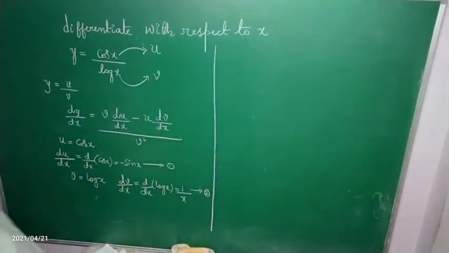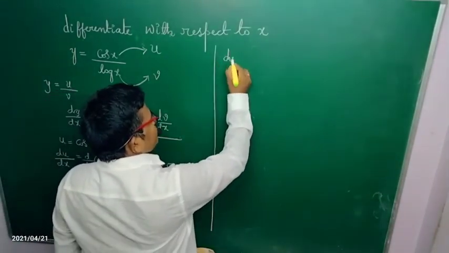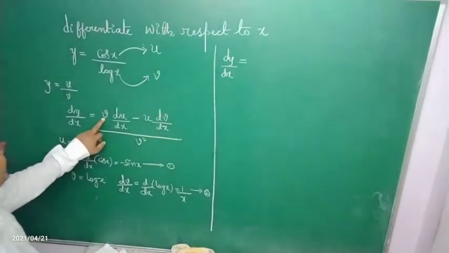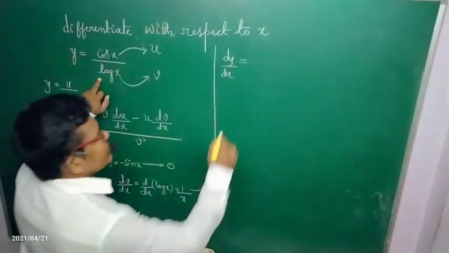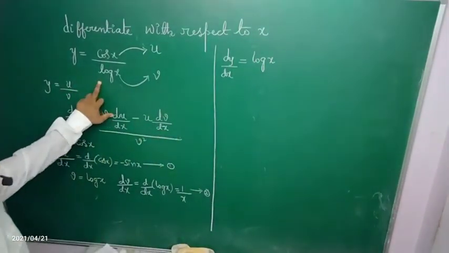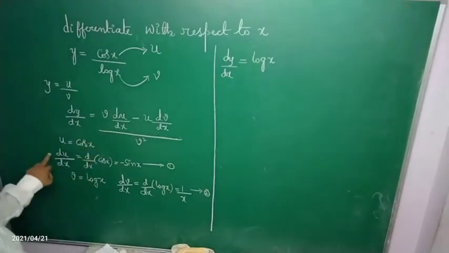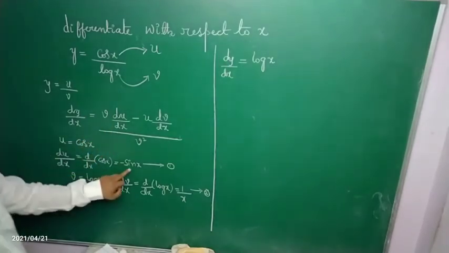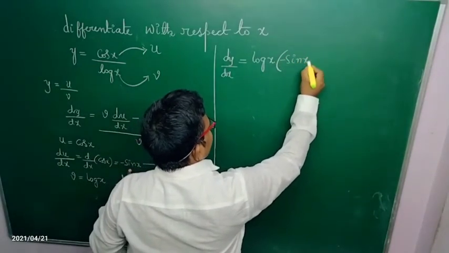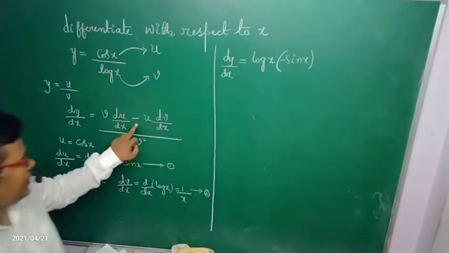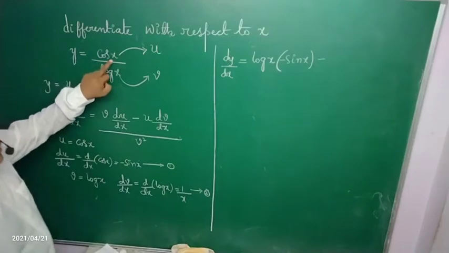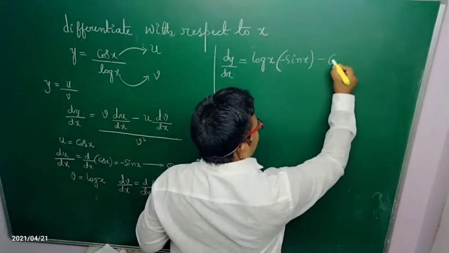Okay, dy by dx equal to v. What is v here? Log x. Du by dx. What is du by dx here? Minus sin x. Okay. Minus u. What is u here? Cos x.